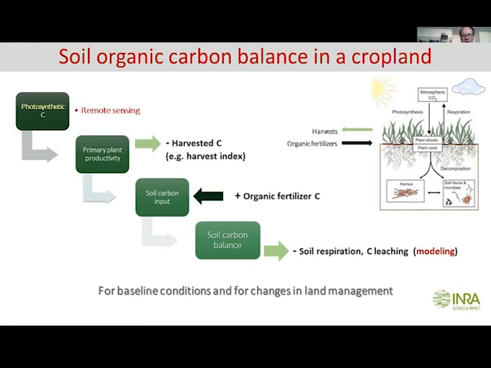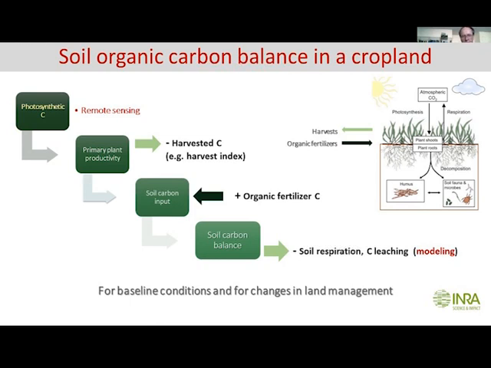So if we look at the fate of the carbon as a cascade, we would start from photosynthesis. We would move into primary plant productivity, which means we would subtract the plant respiration. We would remove the harvested carbon, and then we would get the soil carbon, the input of carbon to the soil.